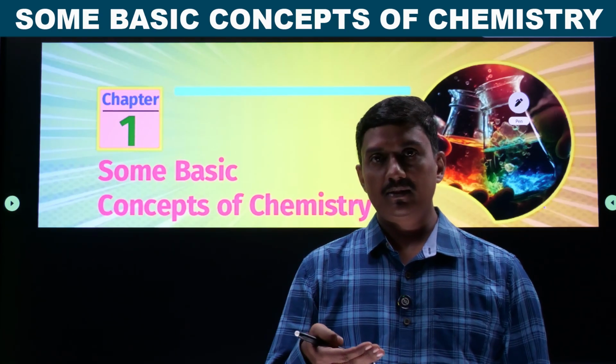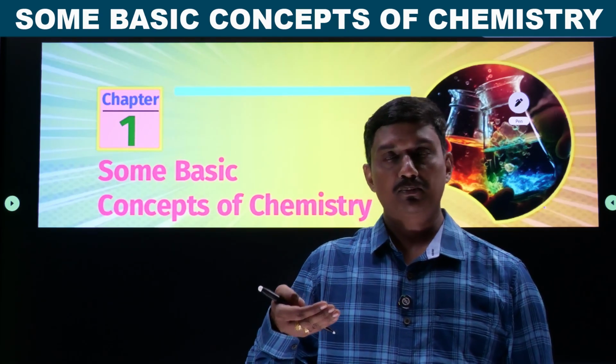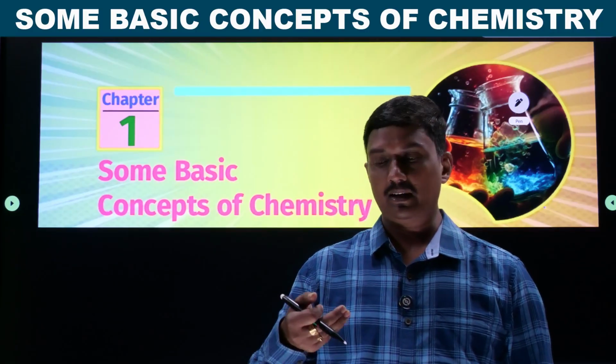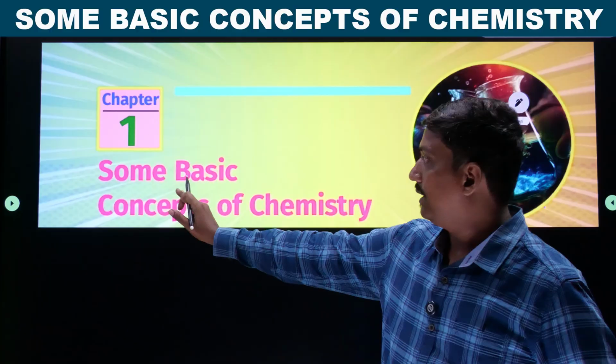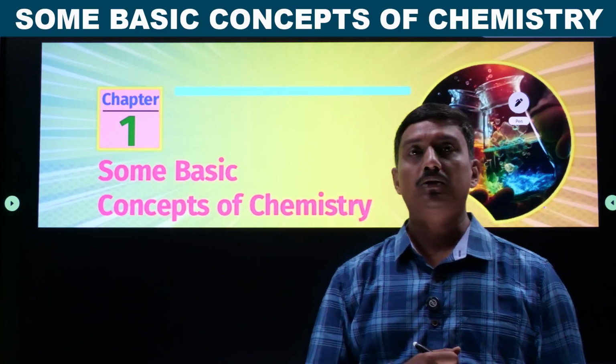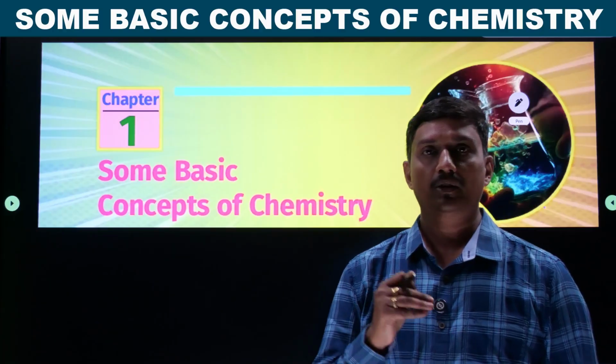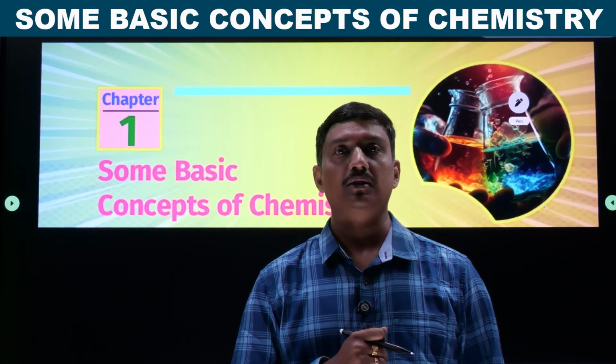So, taking this, we are explaining in detail and applicative part and extension part in the chapter some basic concepts of chemistry. This is a very important chapter for both first and second year.